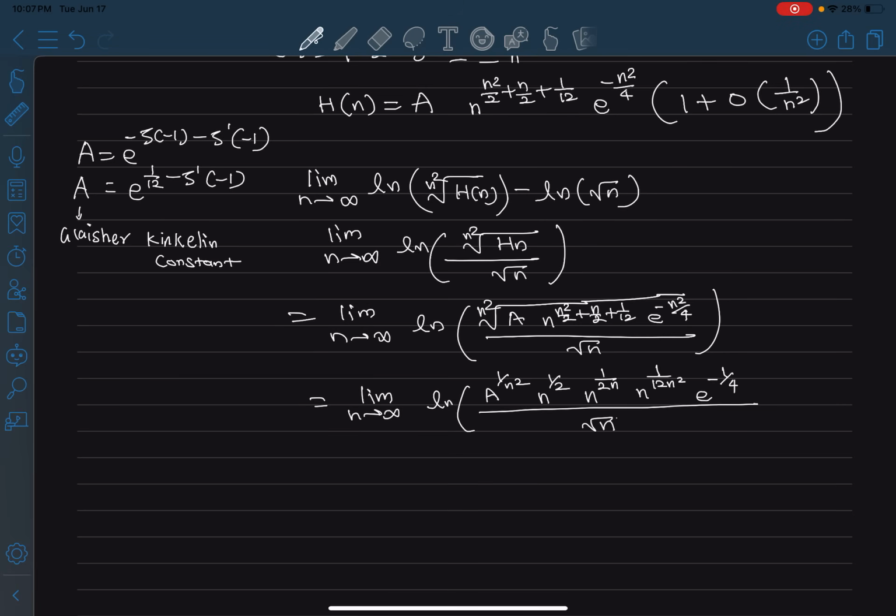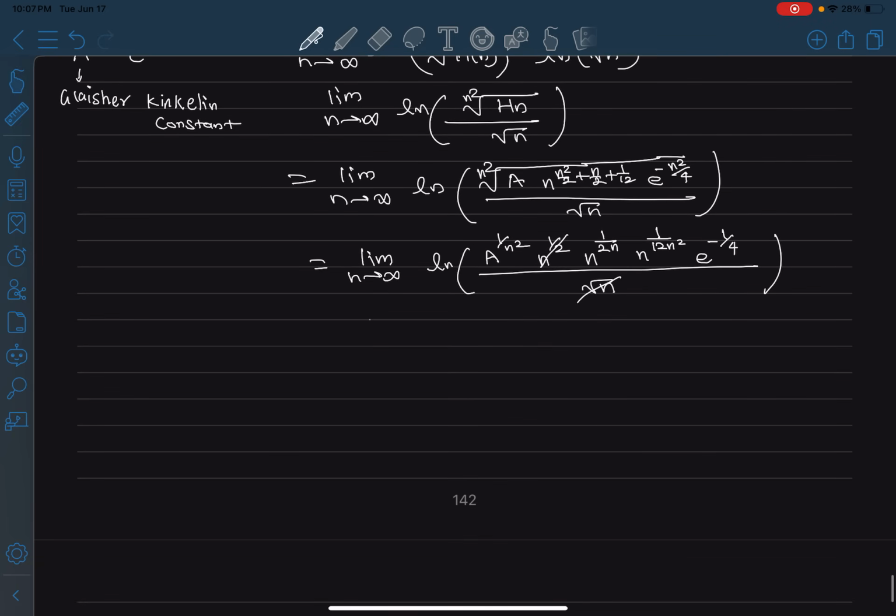And then the square root of n cancels with n to the power half, right? And now I can actually take the log. So that becomes ln A by n squared plus ln n by 2n plus ln n by 12n squared, and then just minus 1 over 4, right?